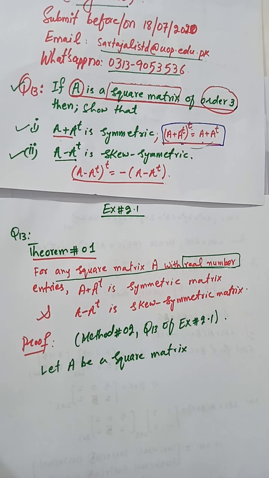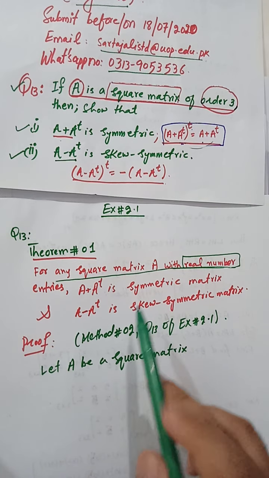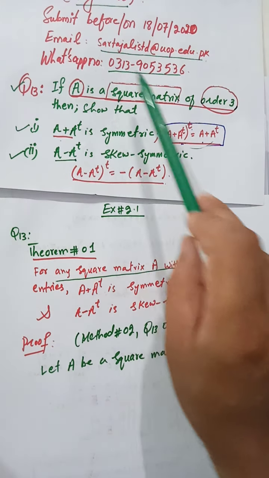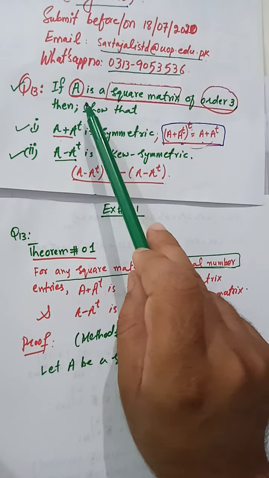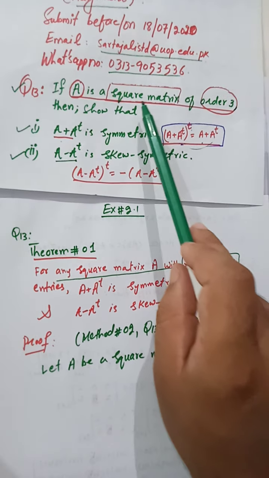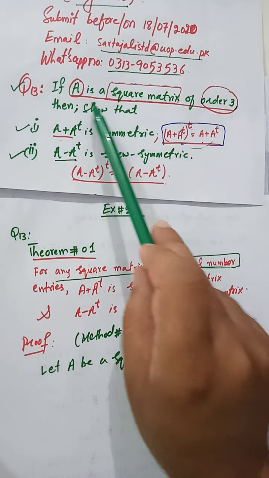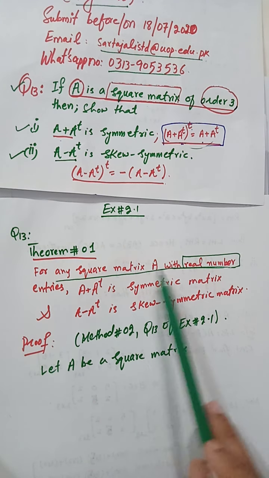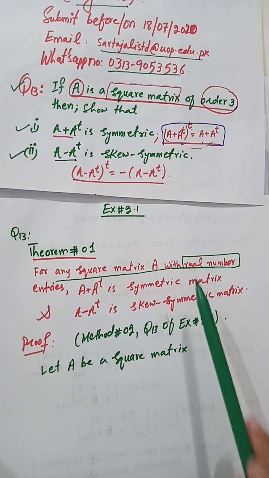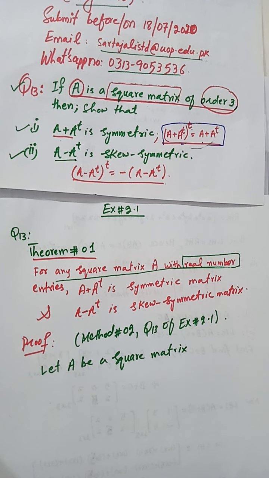Now you see that this is a more generalized form than the previous statement, because that statement says to consider a square matrix of order 3. In this case, A is a square matrix but the order is not mentioned, so it may be of order 3, 4, 5, 6, and so on.